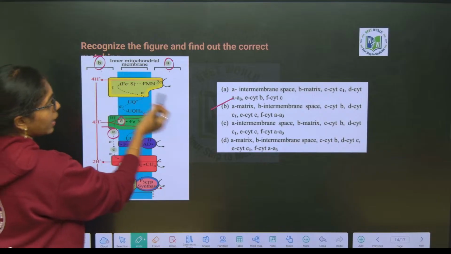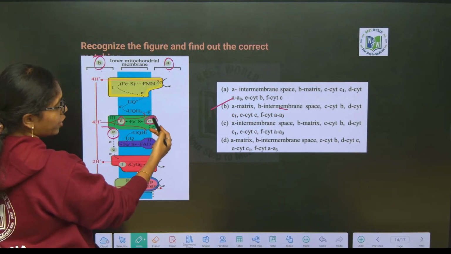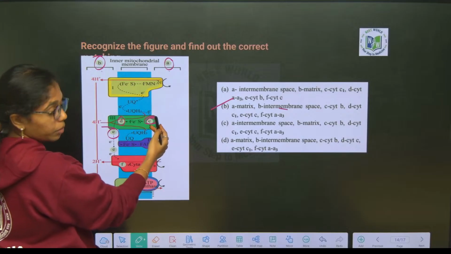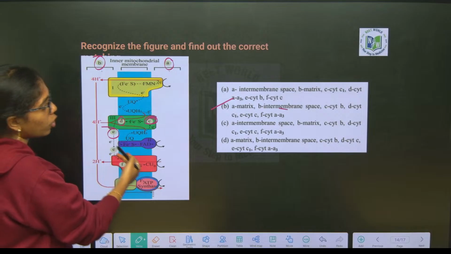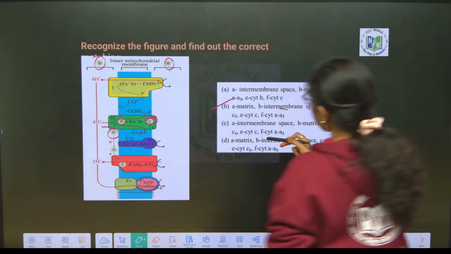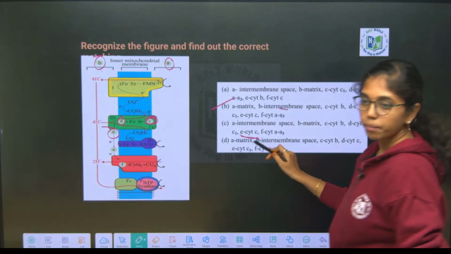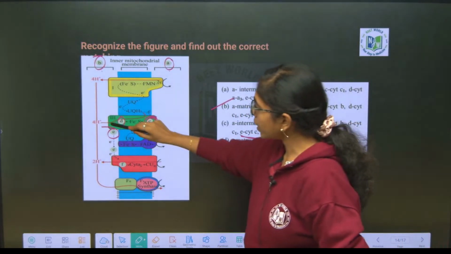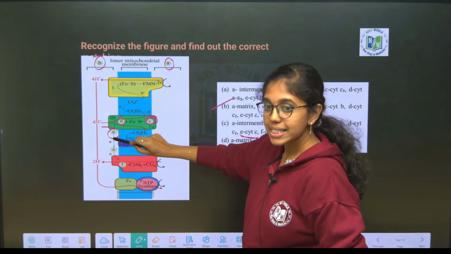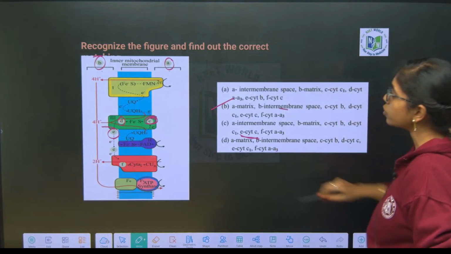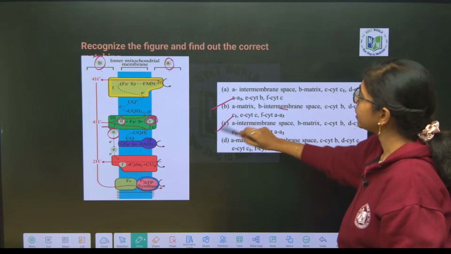B is the intermembrane space and C is cytochrome B because it is the cytochrome BC complex. E is cytochrome C, a mobile electron carrier in between complex 3 and complex 4. And then D is cytochrome B.